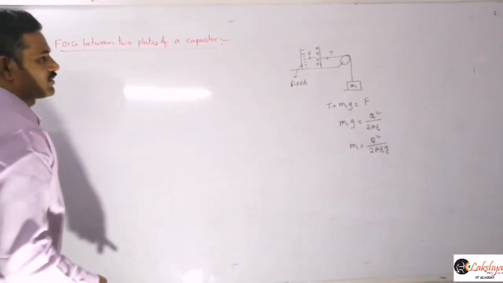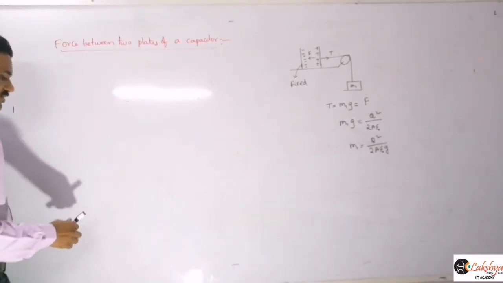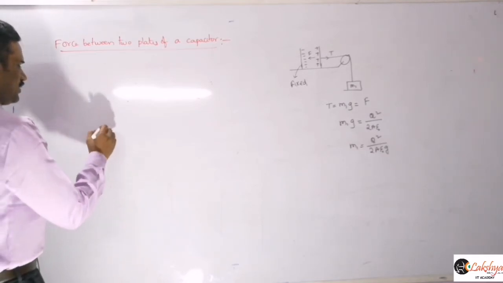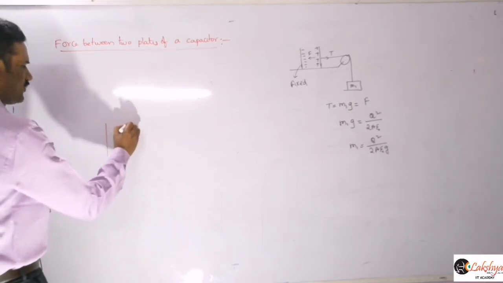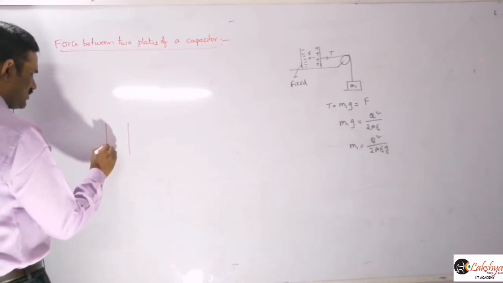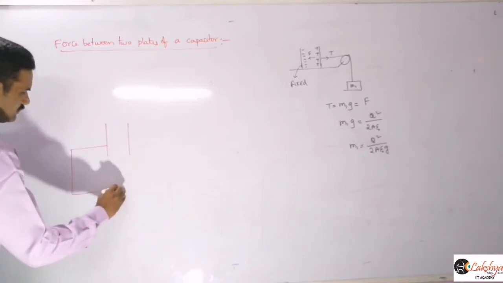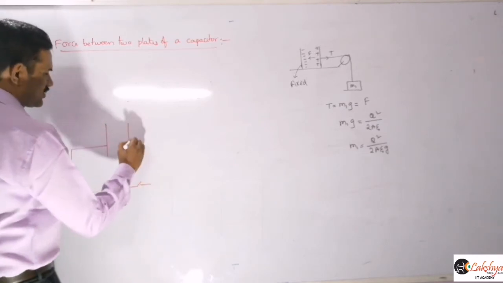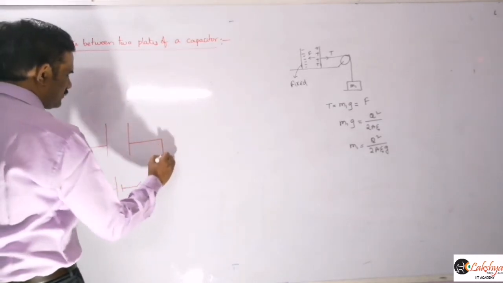Next, suppose I consider another problem like this. Let us note this problem. Let us take the problem where the plates of this capacitor remain connected to this battery. Those are connected through a switch like this.